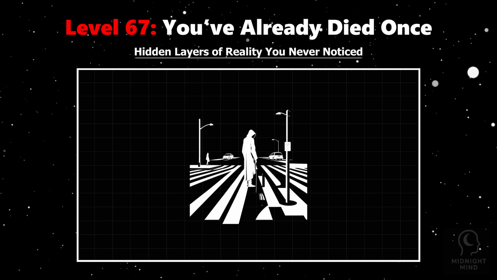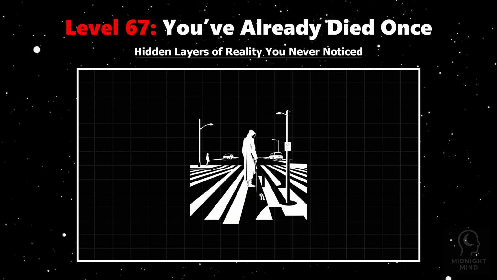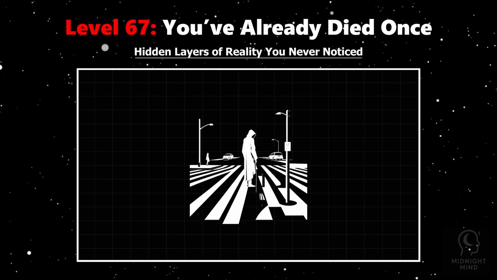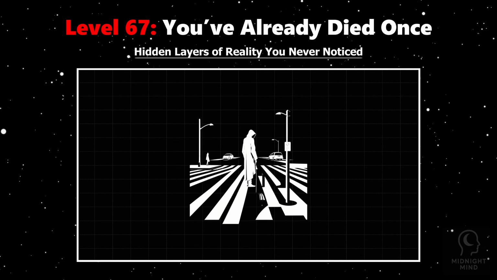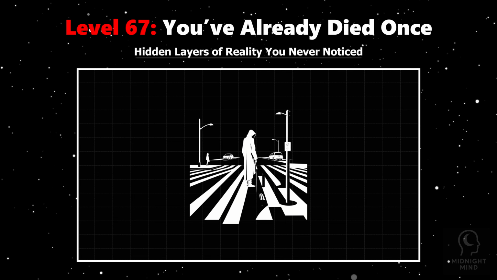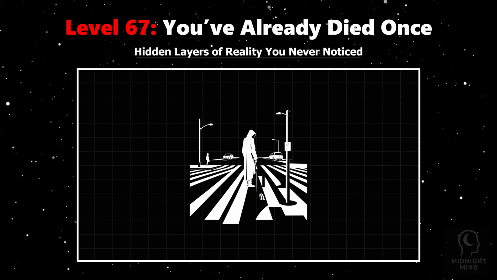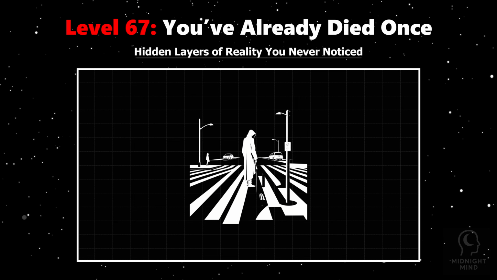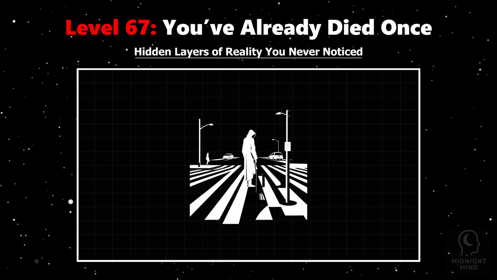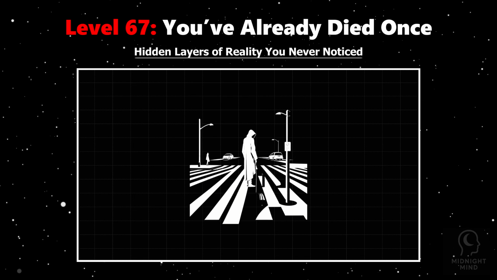This idea touches on the concept of survivor bias and the randomness of mortality, where your survival is not guaranteed, but a fortunate outcome amid countless others who did not survive. Medical research shows that unrecorded near-death events happen regularly, and many people have unconscious memories or subtle scars of these brushes with mortality.